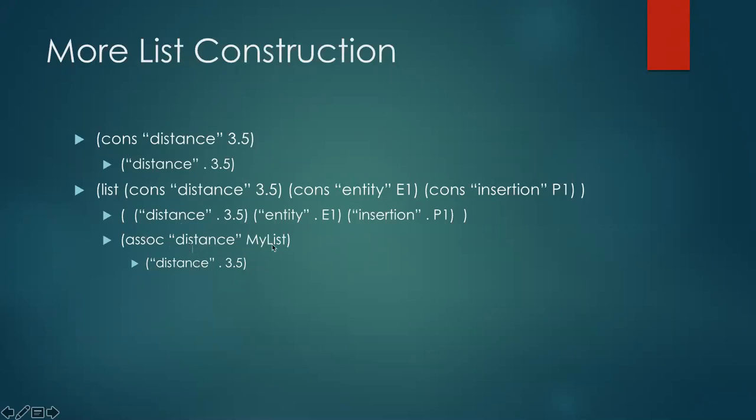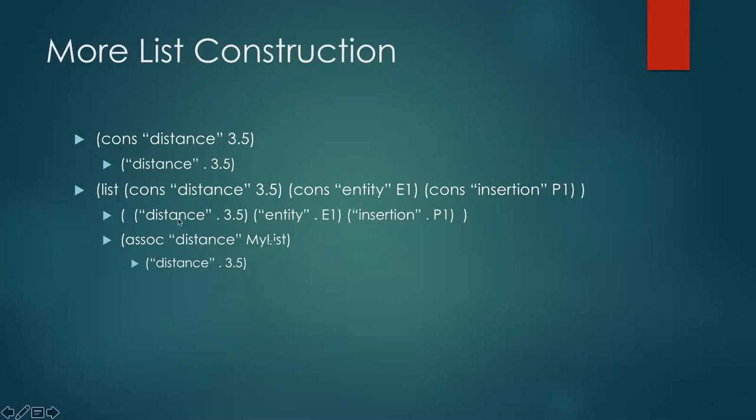But what this means is, with only 3 things, it's like, yeah, whatever. But obviously, when you get more and more pieces of information you want to keep track of and keep together, I can do this without having to, for instance, create 3 different variables that then have all the variable naming restrictions. For instance, I can't name a variable distance because there is an AutoLISP function named distance.